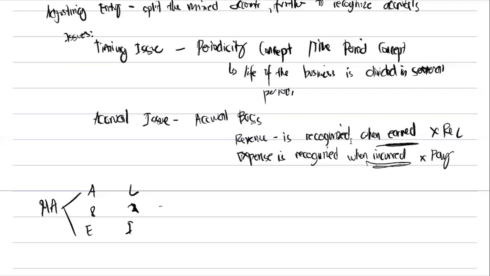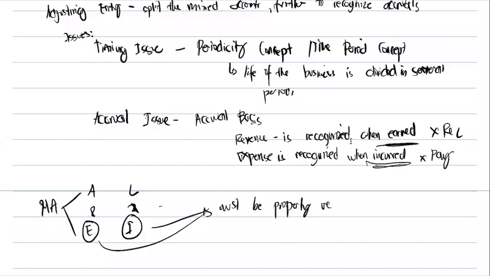And since they are mixed, under this timing issue and accrual issue, the expense and the income must be properly recognized at the proper time period. Why is it a timing issue and an accrual issue?